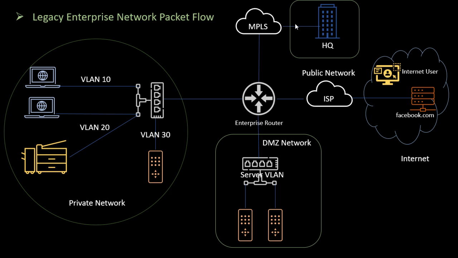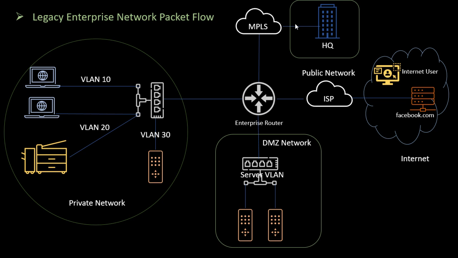Similarly, in your DMZ network, you are going to have your servers which will be serving your websites to the internet users, and we name it the server VLAN. Then we have an MPLS link through which we get access to our headquarters where we have our other servers, so that your users can log into those servers and do their day-to-day work.